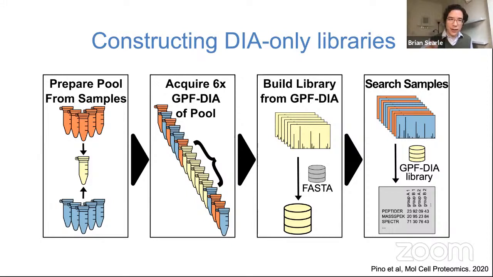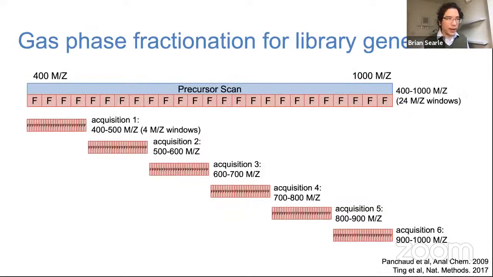Then this yellow sample, this pool, I will analyze with a different framework. The orange and blue samples, I will analyze for quantitation, and the yellow sample, I will analyze for detection. I want to detect every possible peptide in that sample as accurately as possible. So I do this 6 gas phase fractionation method where I acquire 2 m/z wide windows across the entire range, 400 to 1,000. This is basically like doing PRM, right?